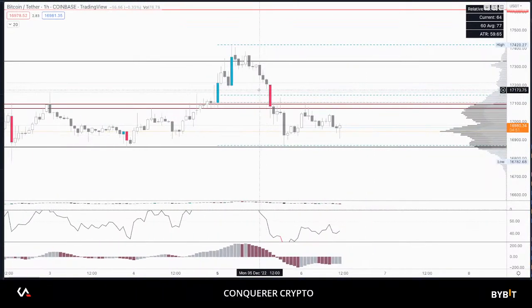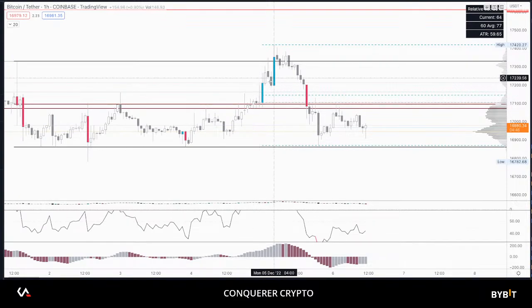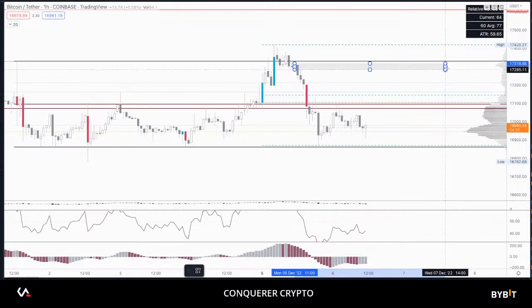And most important of all, we have a supply here now, because we broke this structure from here and we kind of broke this structure. So I would say we have a supply there. So I would expect a run up here, because on the short term there is nothing here except Monday.